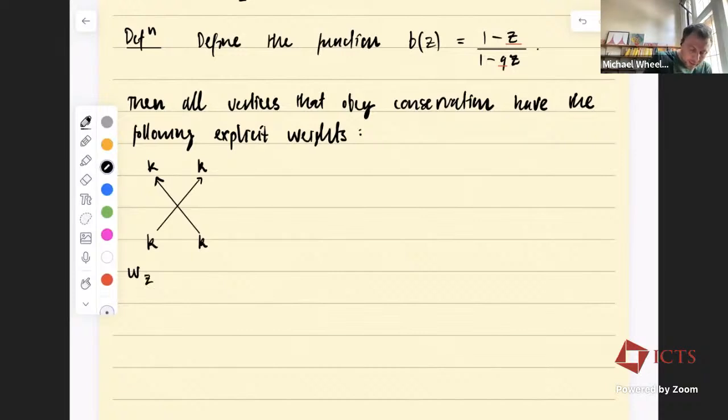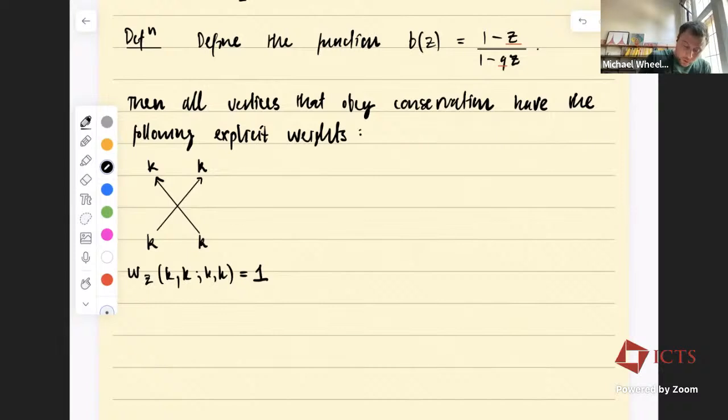So W of z with four k's is going to be equal to 1 in this case. All right, so this is a very simple case. All of the colors are the same. In that case, we will set the vertex weight equal to 1.